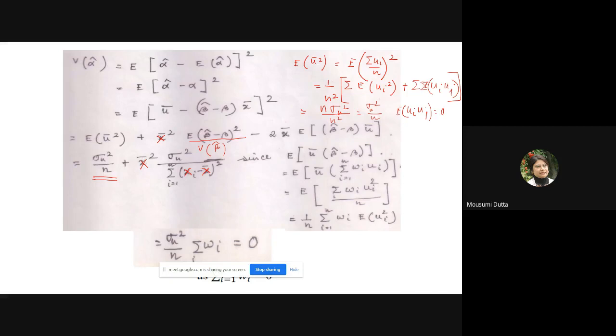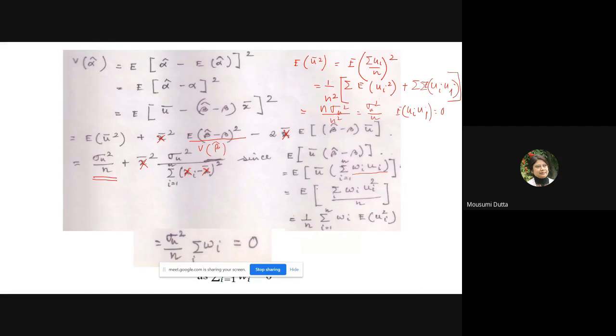And now I'll work with the third term. What about the third term? 2 into x bar into this term. So first I am considering the expectation of u bar into beta hat minus beta. Now beta hat minus beta is summation wi ui, and u bar is summation ui by n.